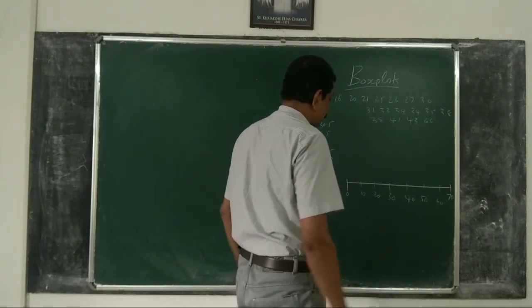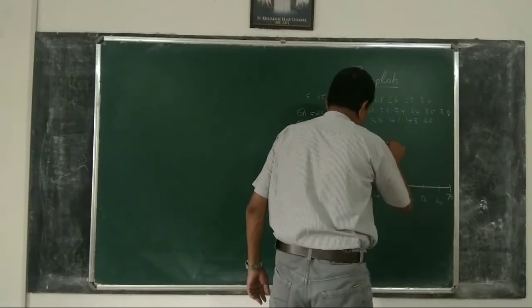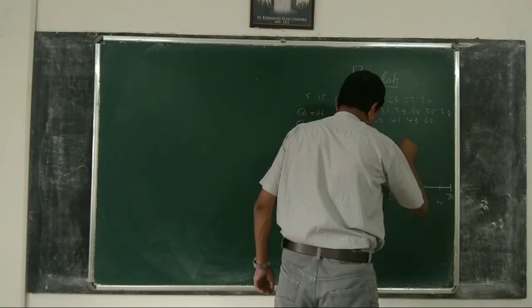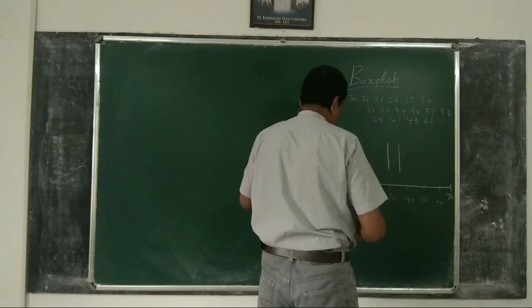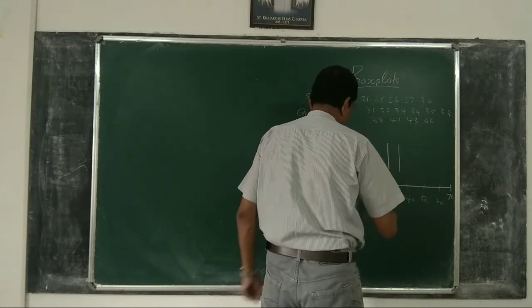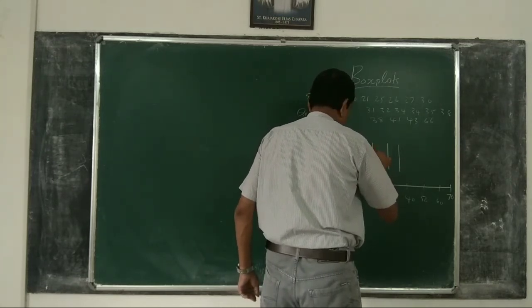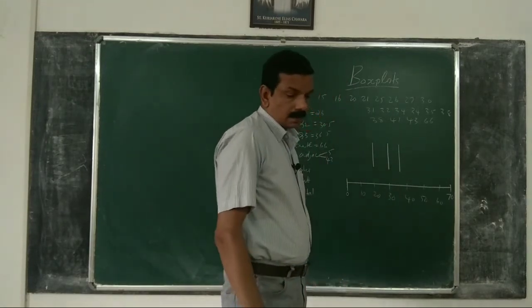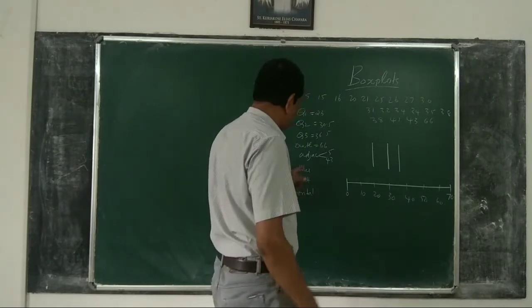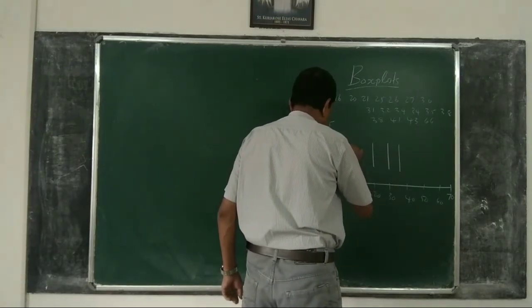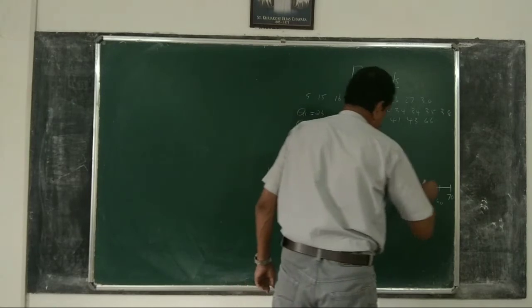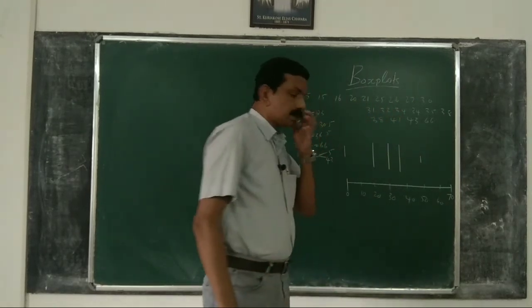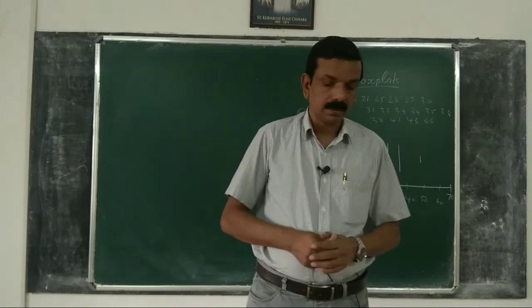So Q2 is 30.5, Q3 is 36.5, Q1 is 23. Then the adjacent values are 5 and 43.